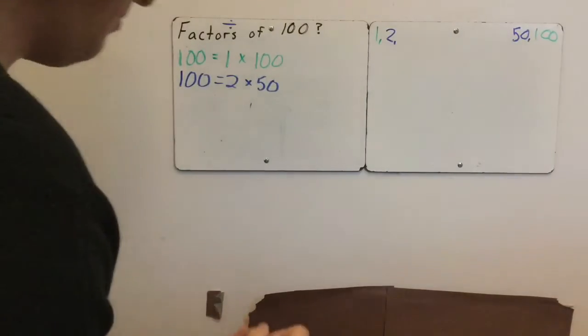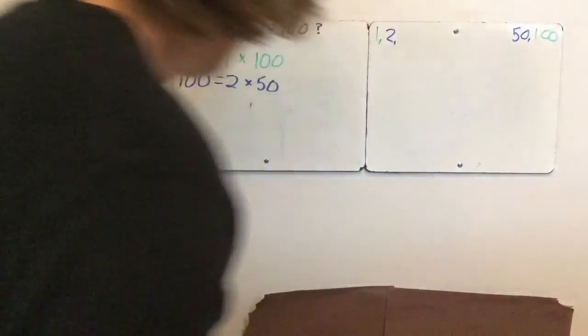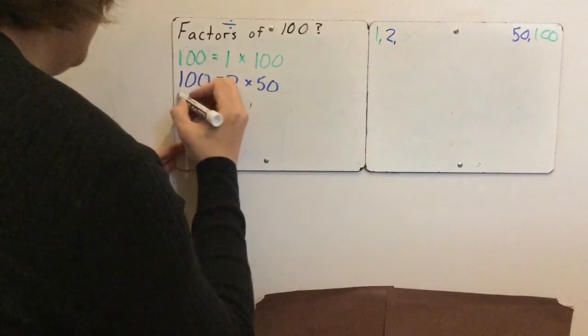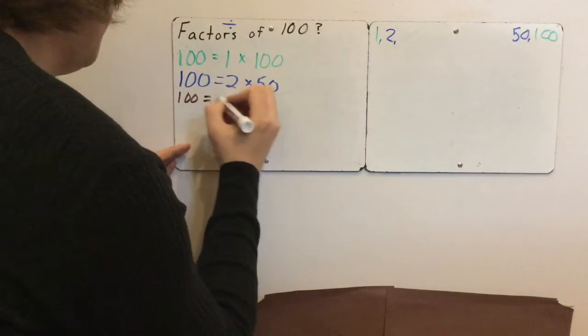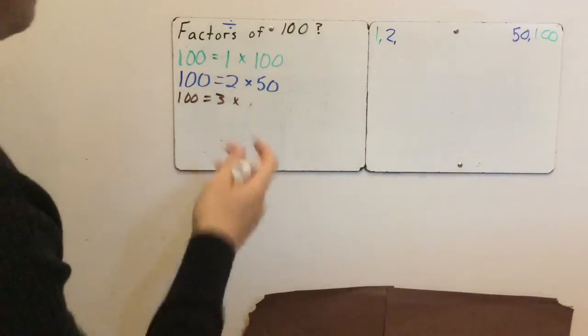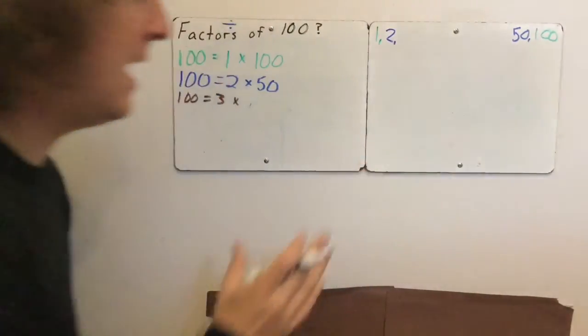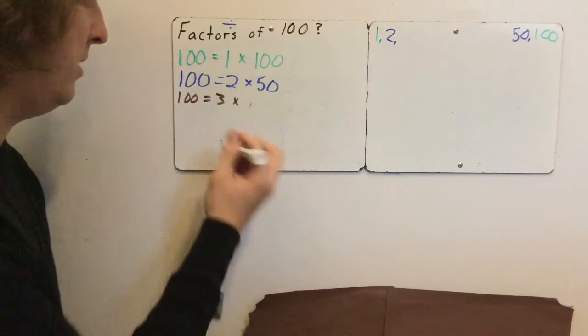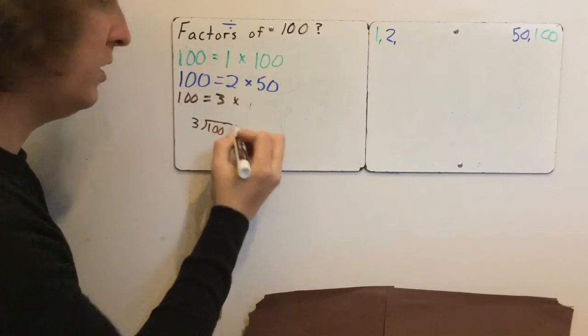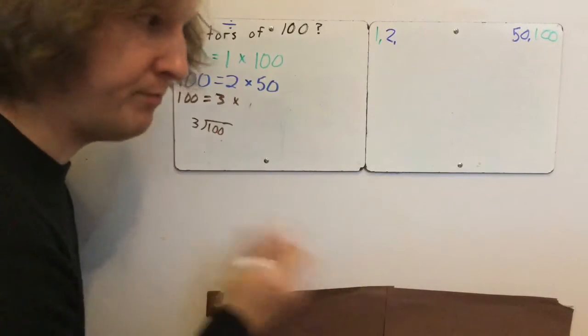Let's keep moving up. We'll try 3. So 100 equals 3 times something. Well, let's always move to that method of long division to help us. We know that 3 can go into 100, but will it go evenly? That's the question.